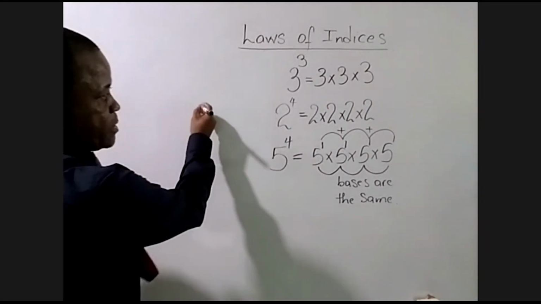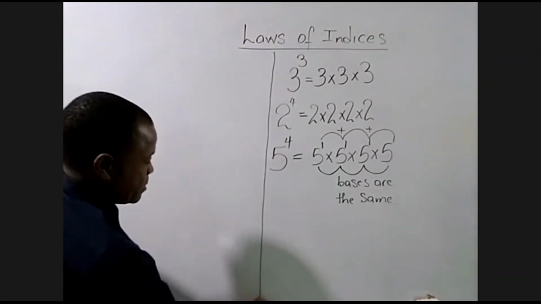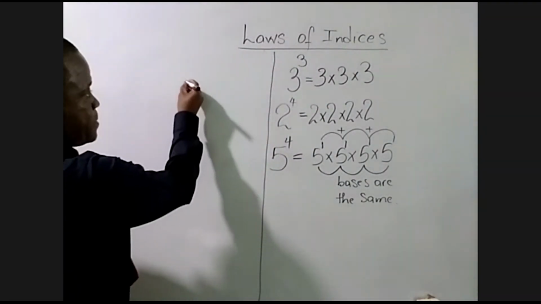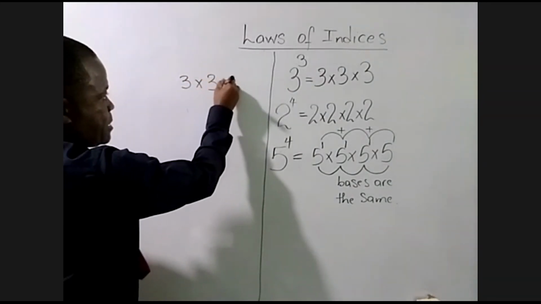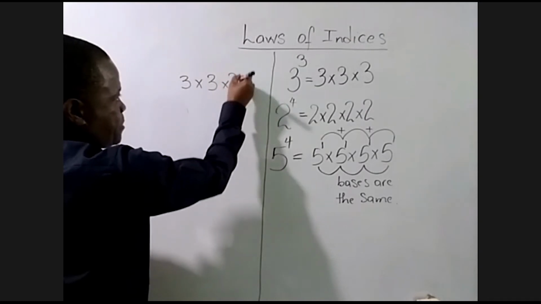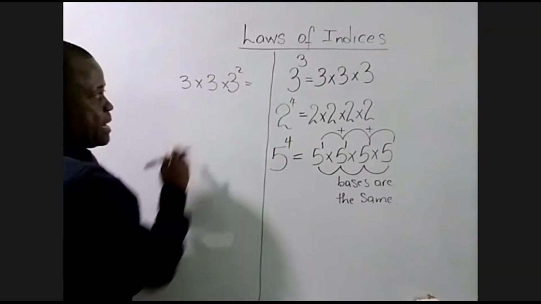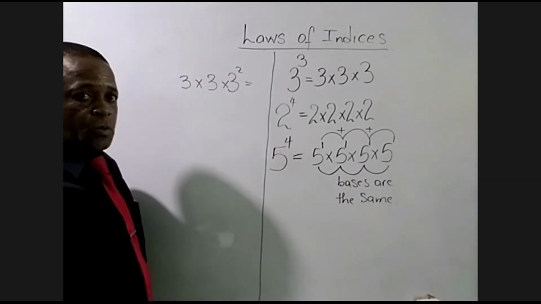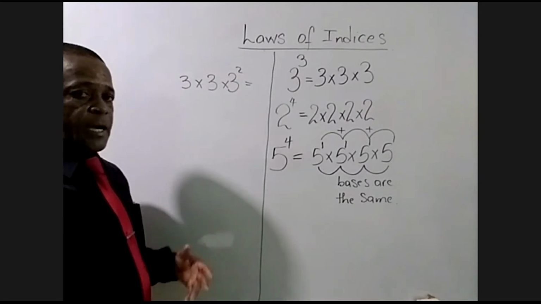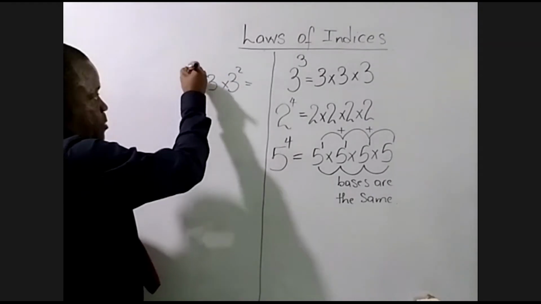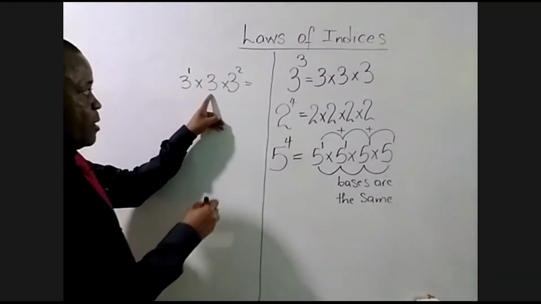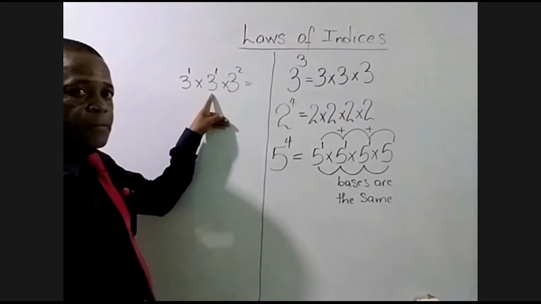Now, what if I should give you, say, 3 times 3 times 3 to the second? And I ask you to work that out, all right? Writing your answer in index form. Now notice the power of this 3 would have been 1. The power of this 3 would have been 1.